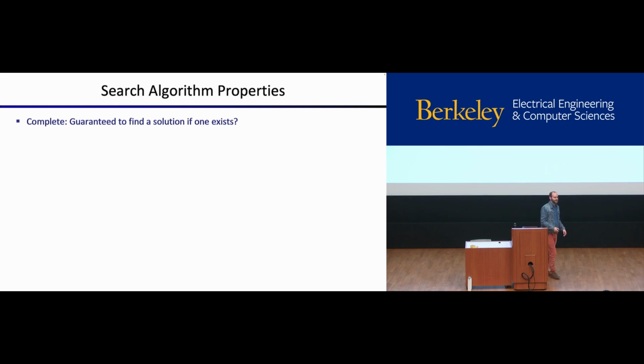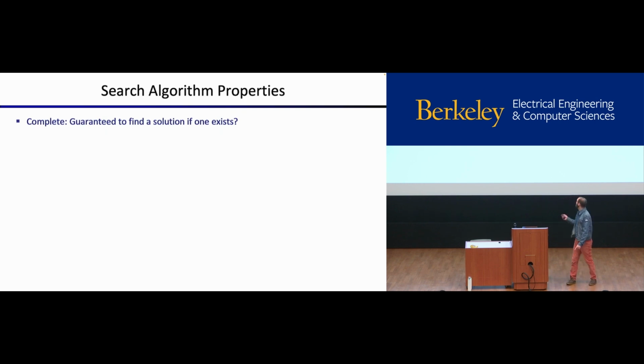Is this algorithm guaranteed to find a solution if one exists? Yes, okay. Any explanation for that? Because eventually it will cover all the possible paths. Uh-huh. So if the solution actually exists, it will be found. Yes.